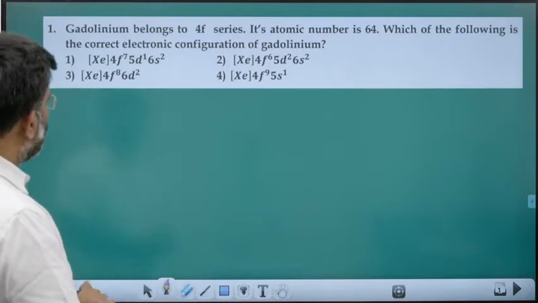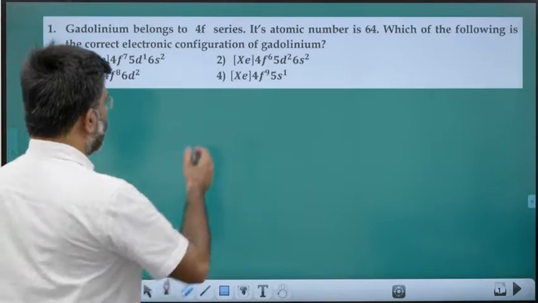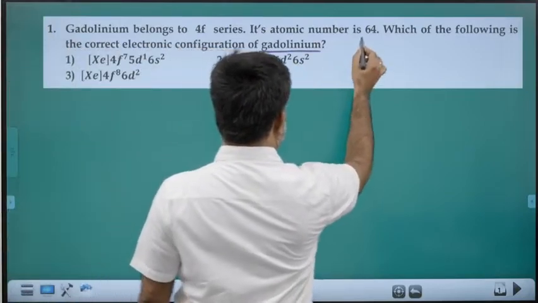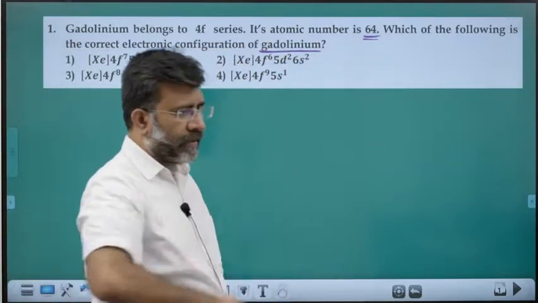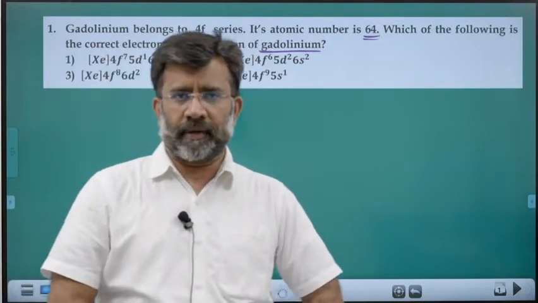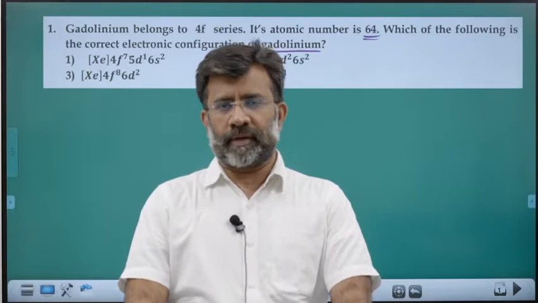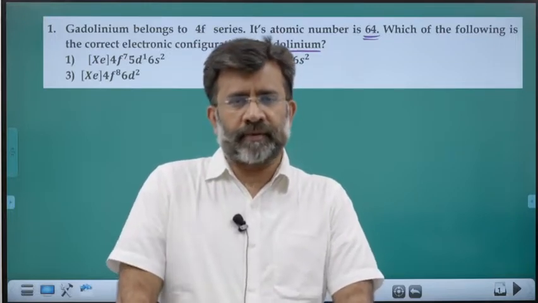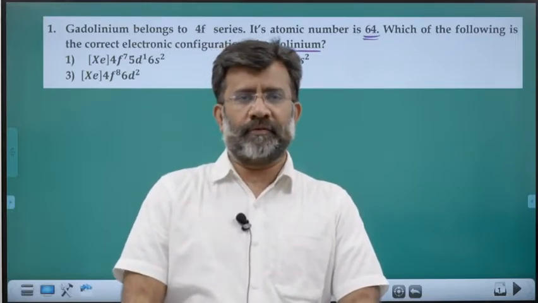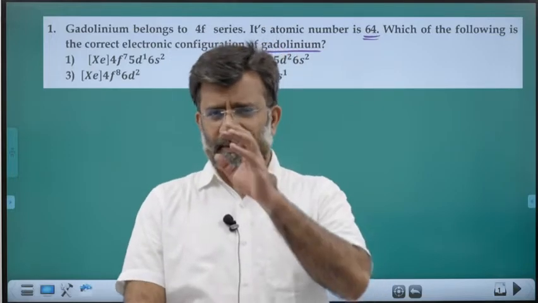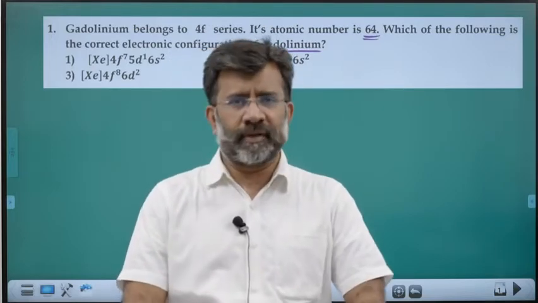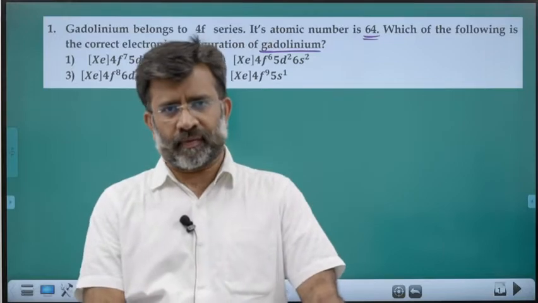Regarding the electronic configuration of gadolinium, atomic number 64. A question which appeared more than once in competitive examinations, asking for the electronic configuration of element Gd, which is coming somewhere in the middle of the f block, right?